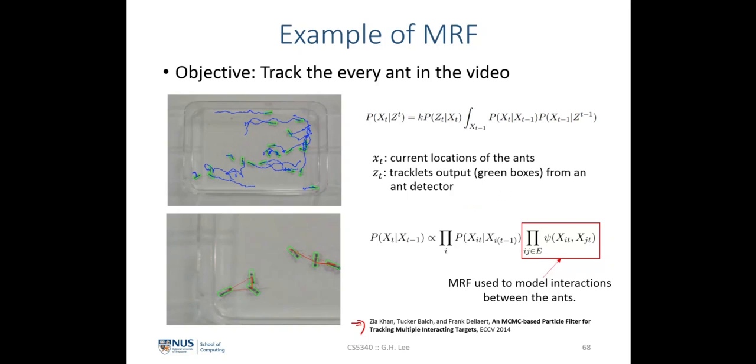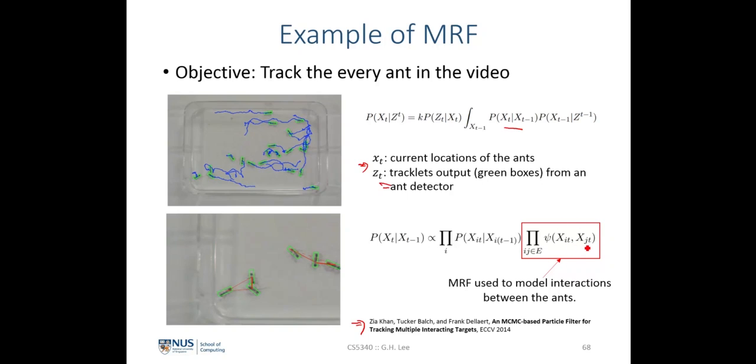So based on what we have observed over here, in this case, Z is the tracklet, the green boxes that are output from an ant detector, and X here tracks the current location of every individual ant. So we can see that the current location is dependent on the previous location, and this can be further factorized to include the interaction between the ants in the scene.